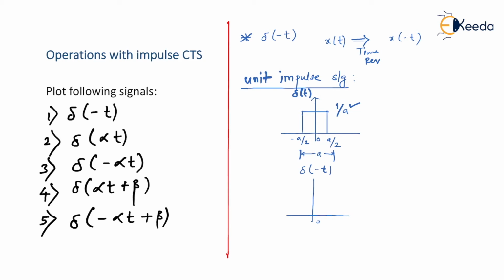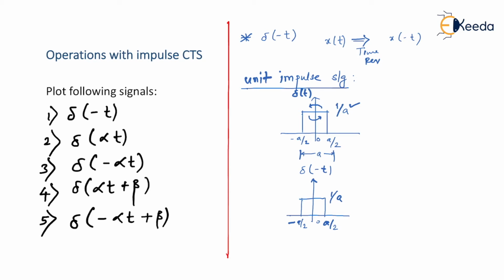So even though you shift the right hand side part to the left hand side and the left hand side part to the right hand side, according to the time reversal property, you will still get exactly the same characteristic. So again, I'll be getting the same characteristic with height equal to 1 by a. This is minus a by 2 and this is a by 2. What does that mean? Del of t and del of minus t appear to be the same.